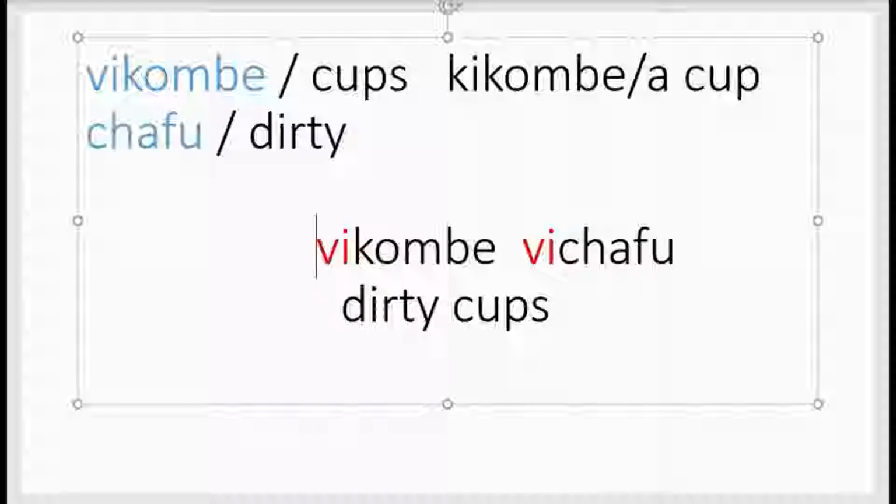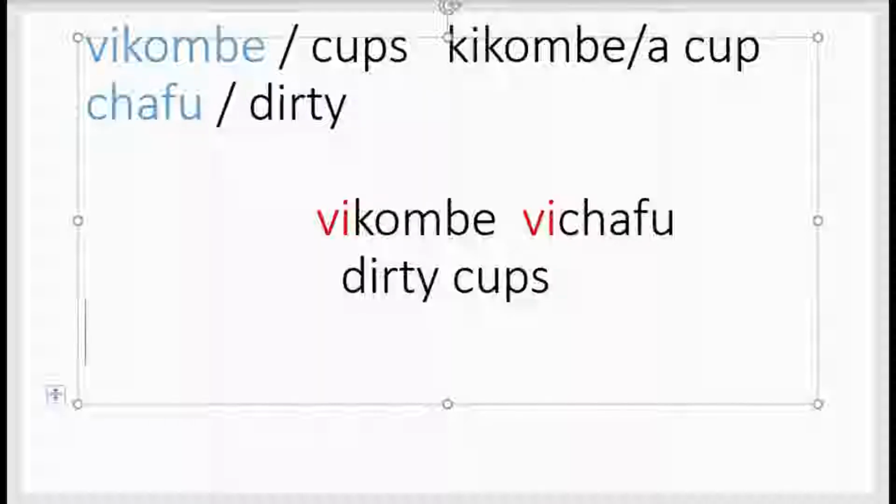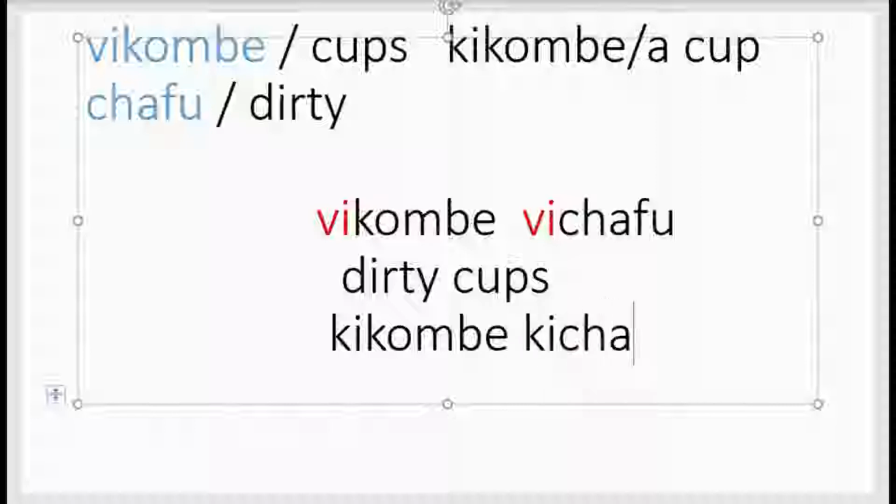Our sentence would be kikombe kichafu, which means a dirty cup.